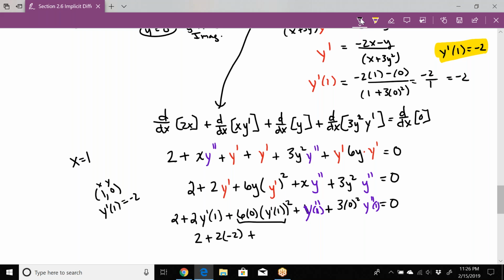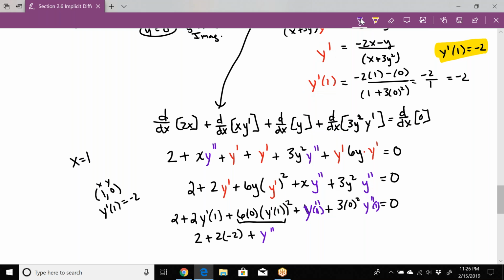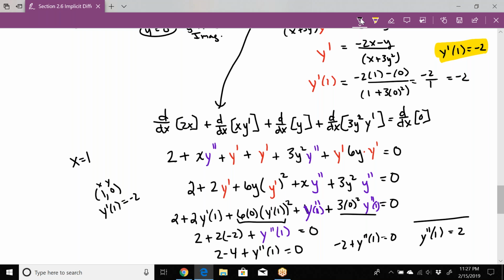I have my y double prime of 1. And this whole term right here also zeroes out because of that y value that was there. So this equals 0. So this is 2 minus 4 plus y double prime of 1 equals 0. That's negative 2 plus y double prime of 1 equals 0, or y double prime of 1 equals 2 if you add it over. So we were able to take that second derivative.